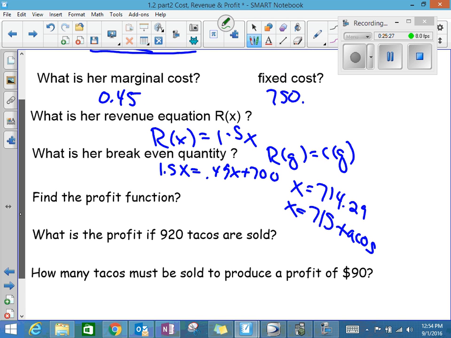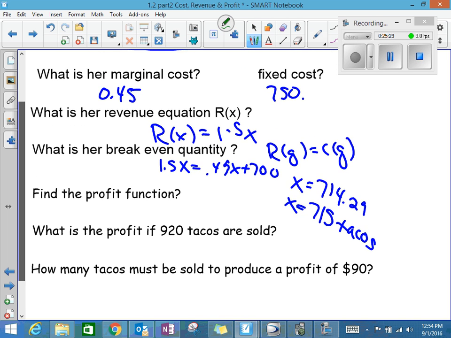Now, what's the profit function? How would we set up the profit function? Jack, go ahead and tell how you set it up. P of x equals 1.05x minus 750. Okay, let's set it up first.